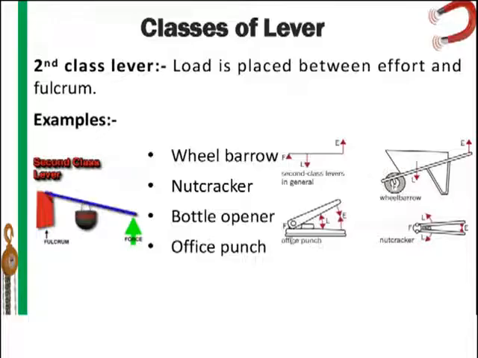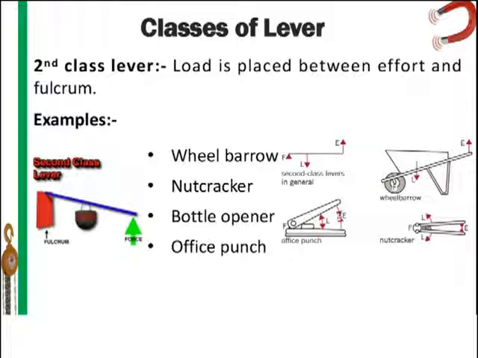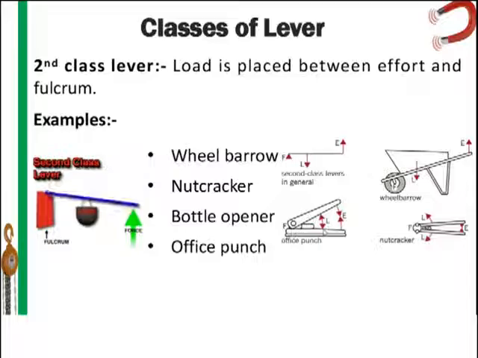Similarly, if you look at the office punch, you can see the application of the effort force acting on the hands of the hole puncher, where that would apply in relation to the load, and where the position of the fulcrum is in relation to the load and the effort.